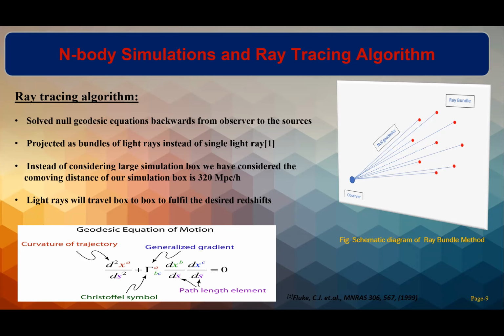Instead of projecting a single photon, we projected a bundle of photons with a circular shape, as in this figure. The comoving size of our simulation box is 320 megaparsec per h, and when the photon reaches the edge of the box, we read the next snapshot so that the photon travels through boxes to reach the desired redshifts.